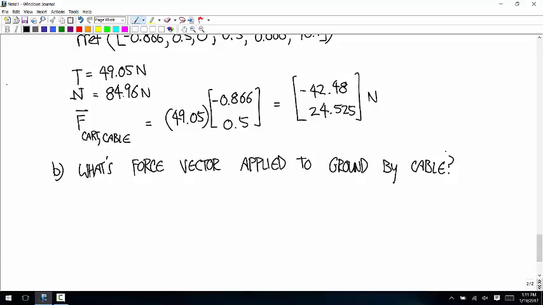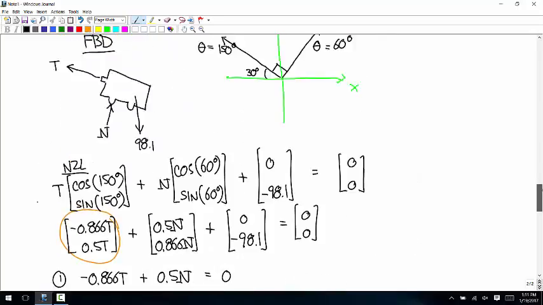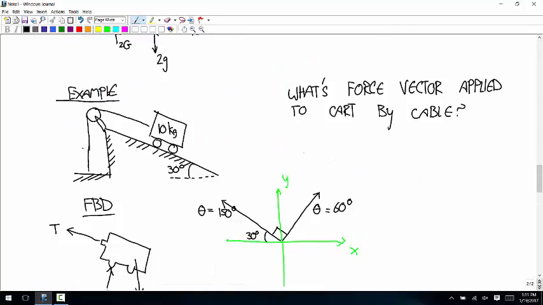This would be a really obvious first step towards figuring out if this was a system that you needed to have set up for some reason, and you're trying to figure out how strongly reinforced that floor needs to be. That's the first step, is you'd have to figure out what that force vector is, and then you could use that to calculate internal loads and stresses and whatever stuff we're not doing in this class.